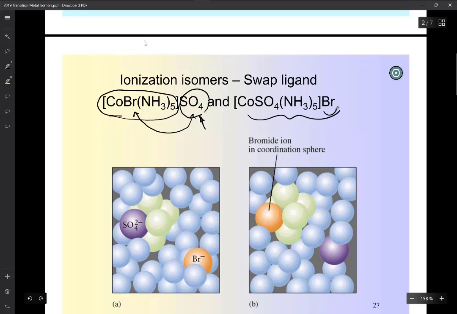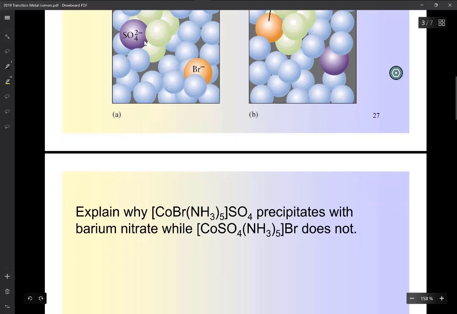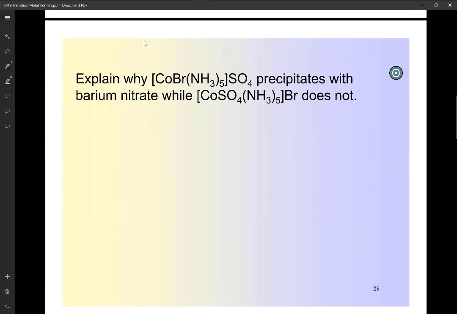In this particular coordination compound, the bromide is free to leave, and so you'd have different kinds of chemistries with bromides and sulfates, which would help you distinguish between these two. So if you, for example, react this compound with barium nitrate, you will get a precipitate, while this one does not, and you need to explain that.